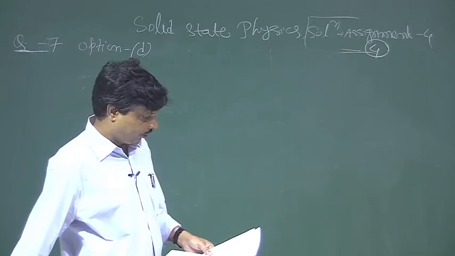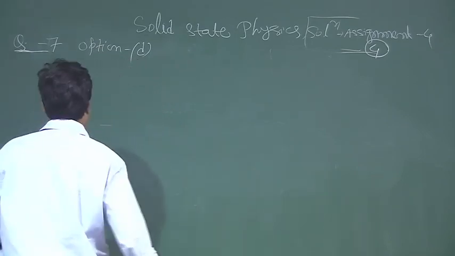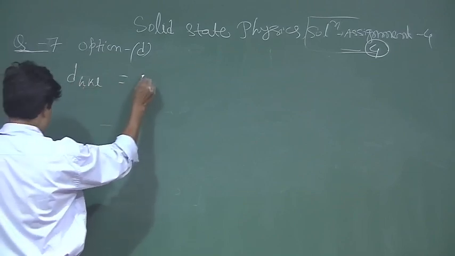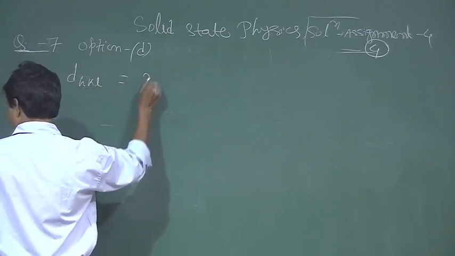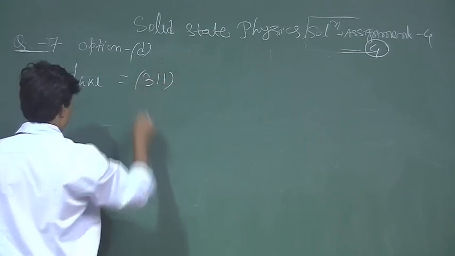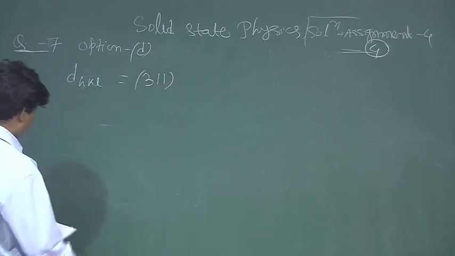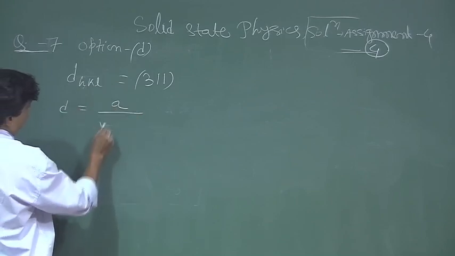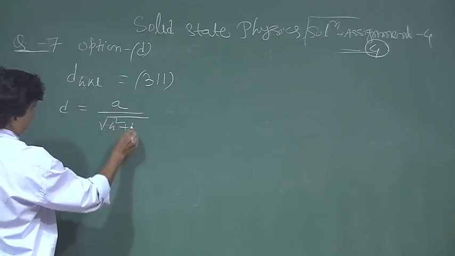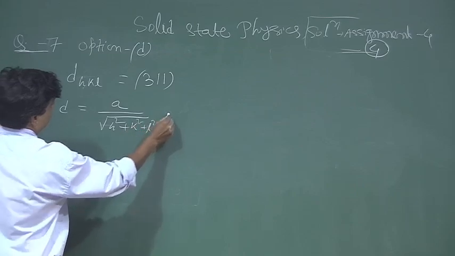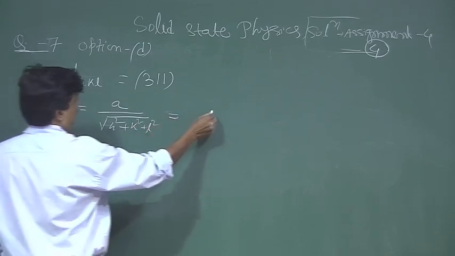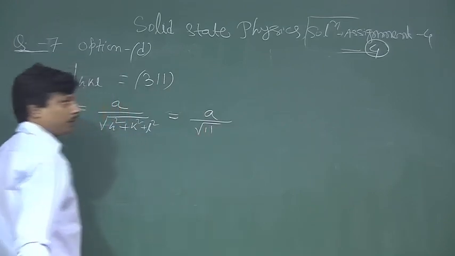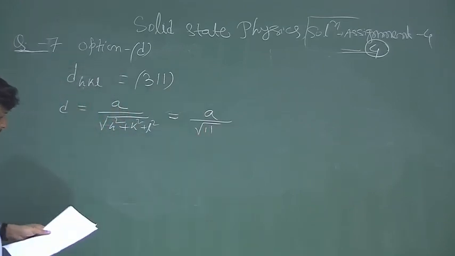In this case the plane is 311, and d_hkl for a simple cubic crystal is a by root over h square plus k square plus l square, so it comes to a by root over 11.